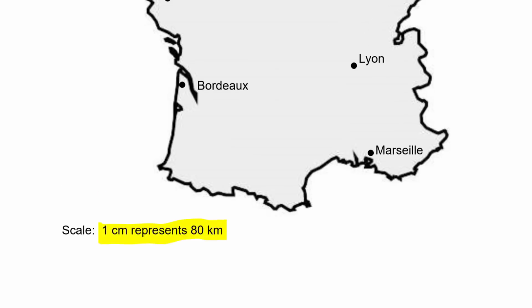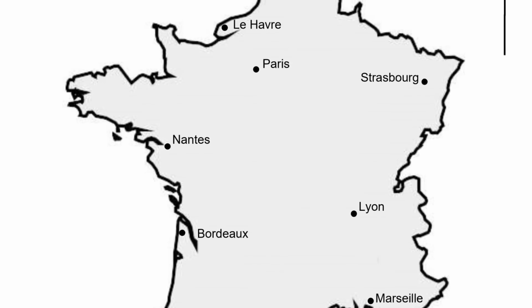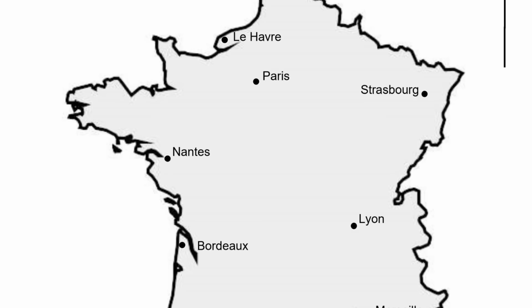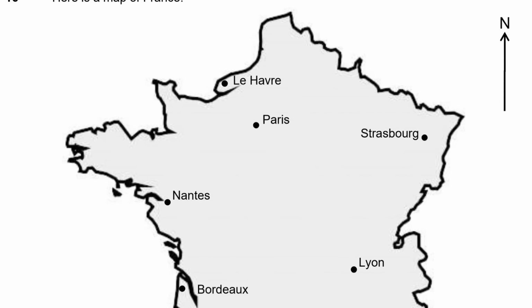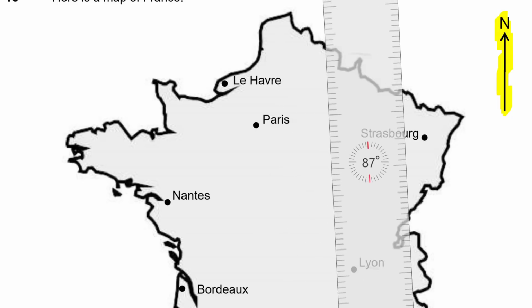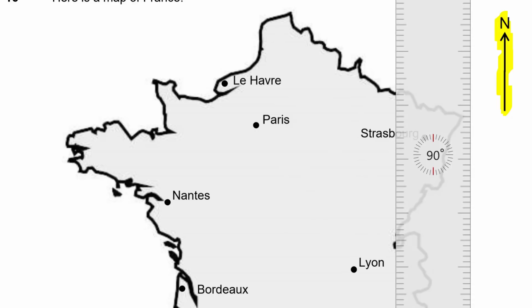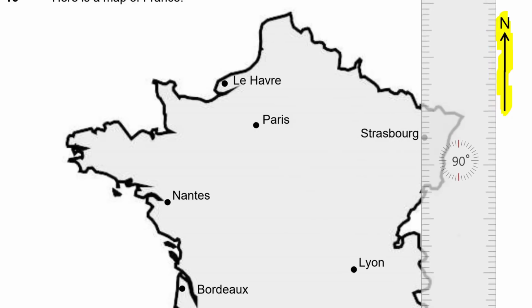So we're going to start in Bordeaux and we want to go to Lyon. Okay? Right, so you'll notice at the top here we've got a direction line for north, and 3-figure bearings are always measured clockwise from north. So let's just get my ruler out. So straight up in the direction of that north line, look, that's north.